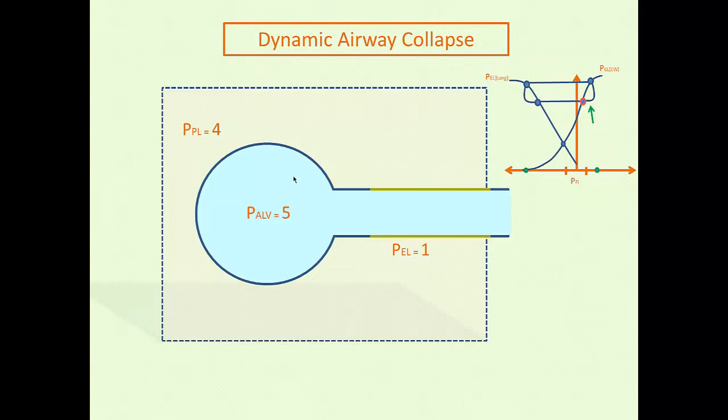forcibly breathe out. Well, now their driving pressure is less, and the decrease in the driving pressure is driven in this example by a halving of their elastic recoil pressure.